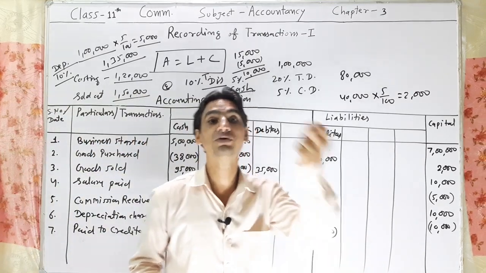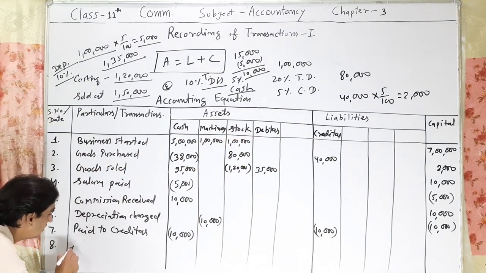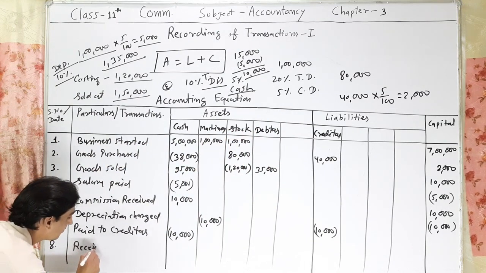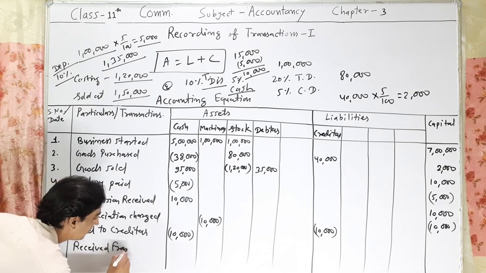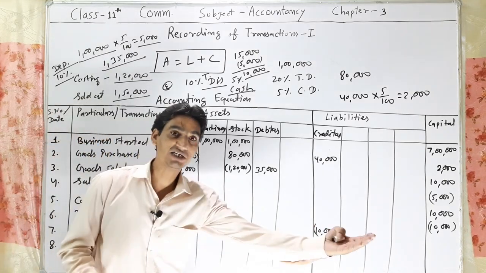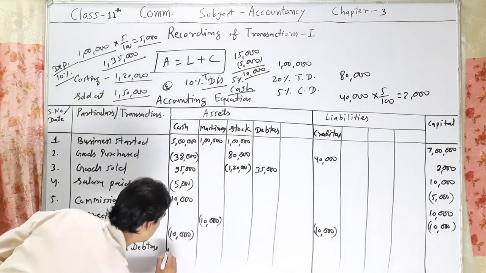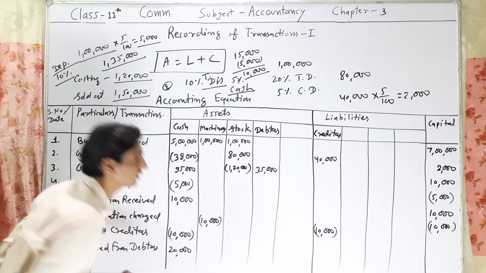The next transaction: 20,000 received from debtors. Cash is coming into your business, so the cash balance will be increased by rupees 20,000.